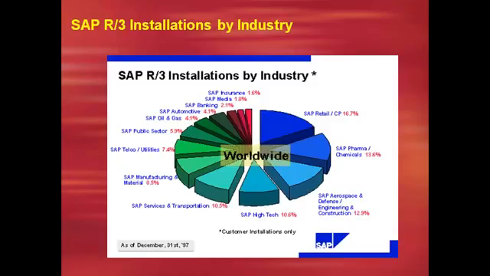Now this is the SAP R/3 installations industry wise, the percentage of the SAP ERP product used worldwide: SAP Retail, SAP Pharma and Chemicals, SAP Aerospace, Defense and Engineering Construction, SAP High Tech, SAP Services and Transportation, SAP Manufacturing and Materials, SAP Telecom and Utilities, SAP Public Sector, Oil and Gas, Automotive, Banking, Media and Insurance.